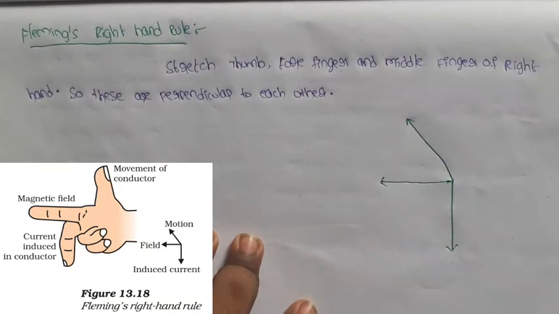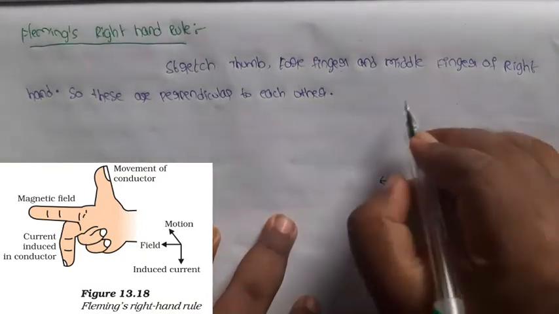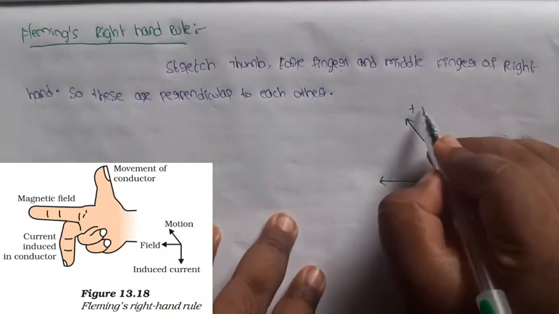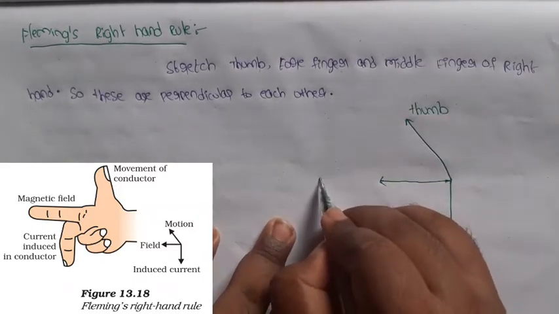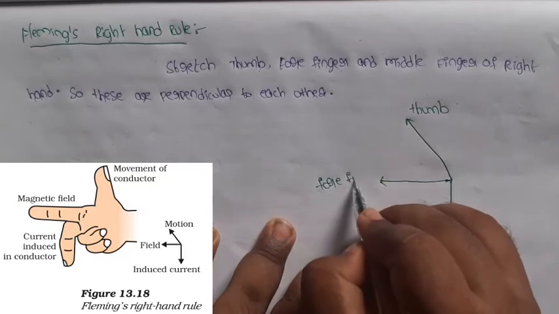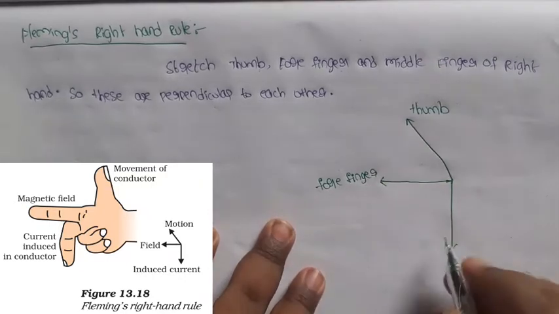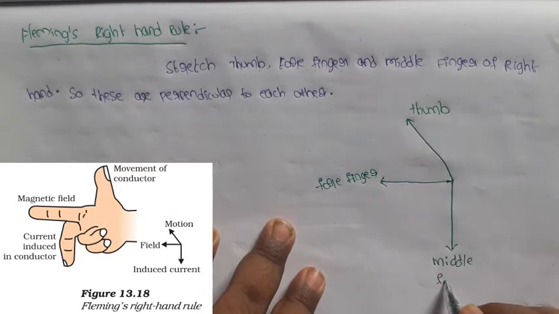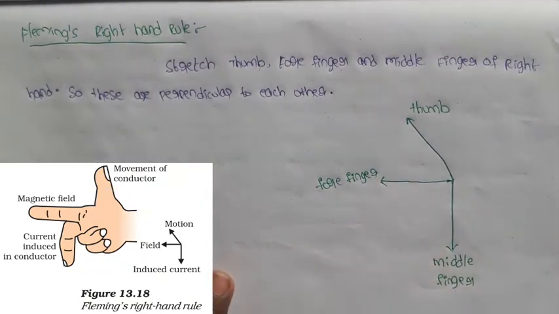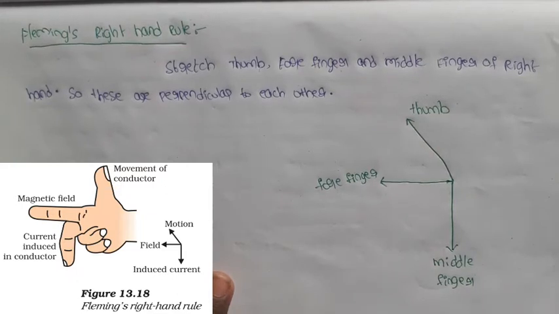These are the three fingers of the right hand, mutually perpendicular to each other as shown in the figure.